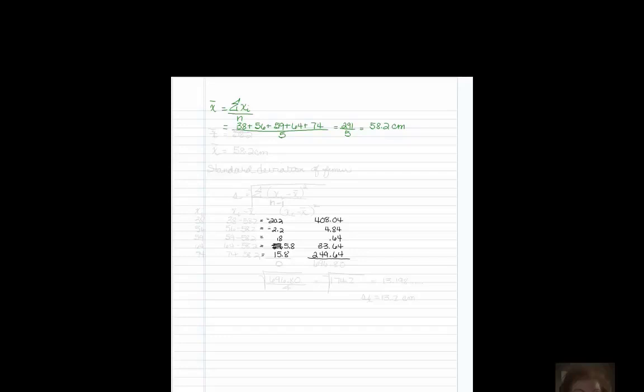So we know that the mean length of the Archaeopteryx femur is going to be 58.2 centimeters. Now let's go ahead and do the standard deviation.